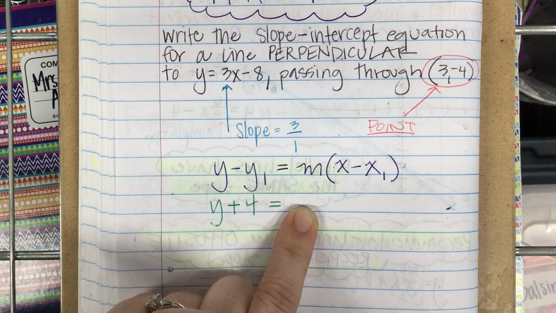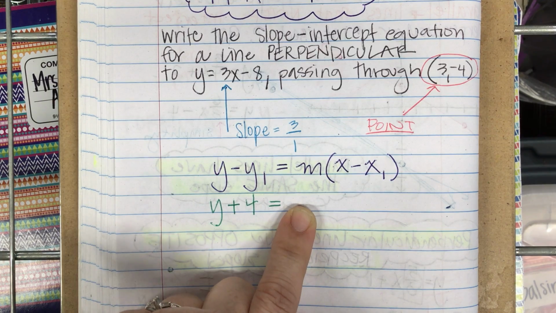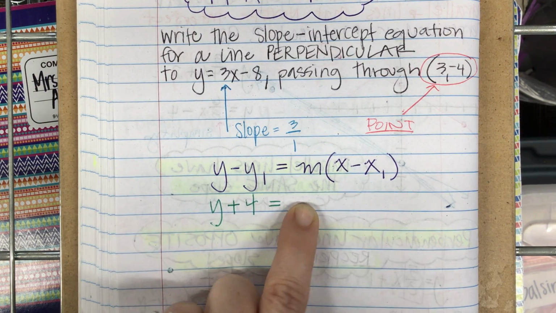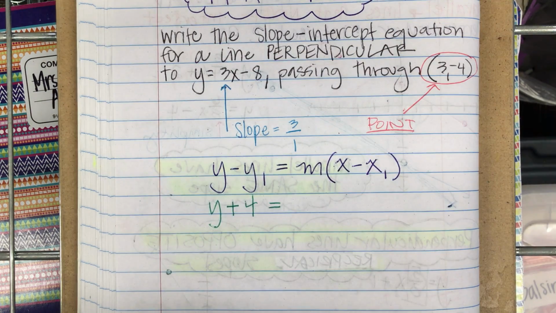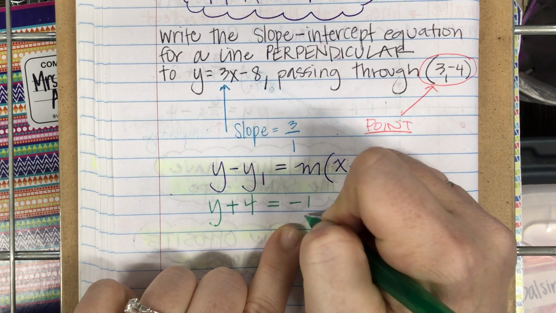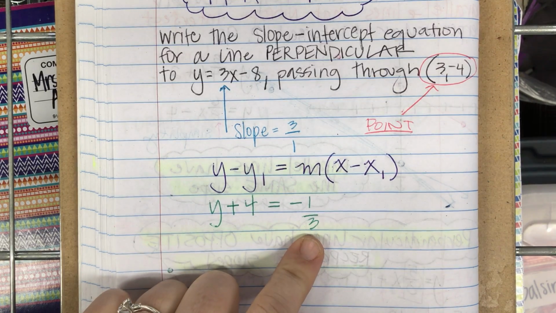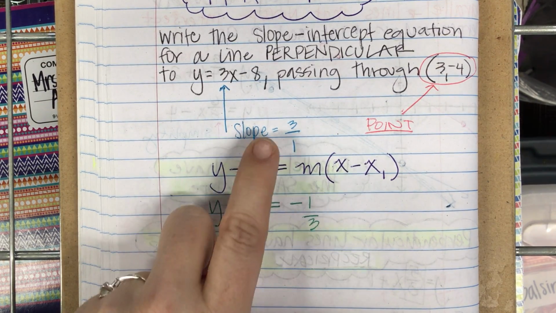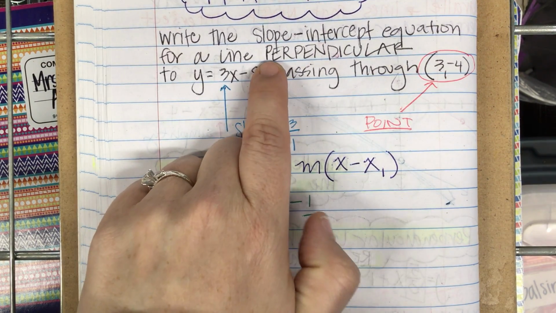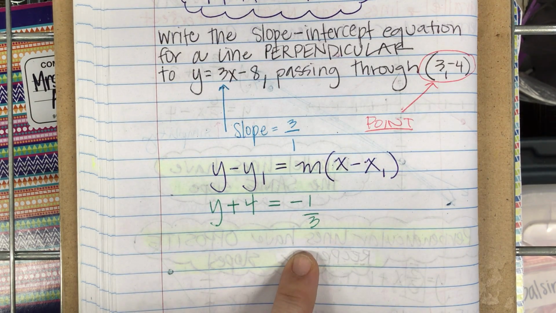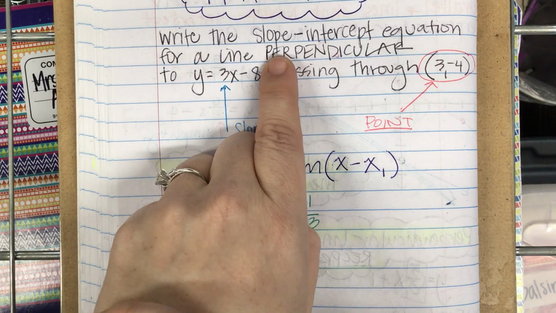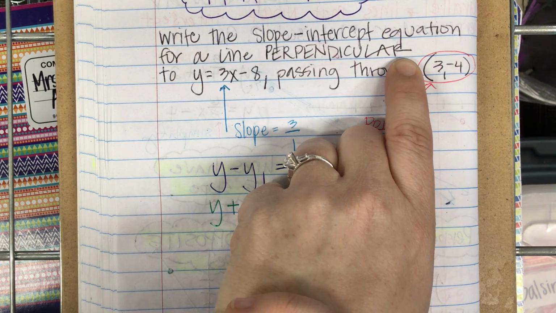Why, Sasha, are you saying -1 over 3? Because what does it say up here? Yeah, the opposite. It's the opposite reciprocal because we want it to be perpendicular. If this said parallel, we could put 3. But it says perpendicular.